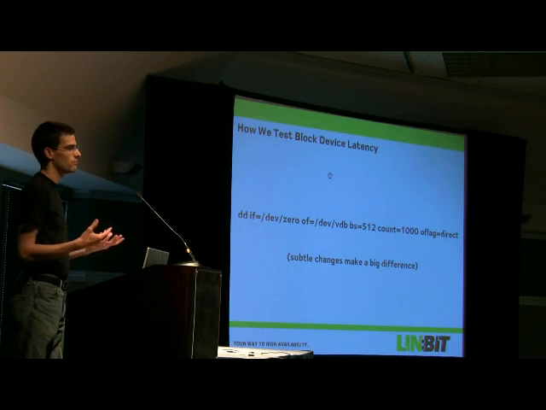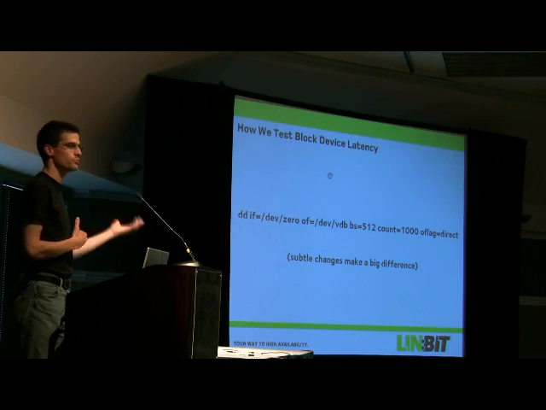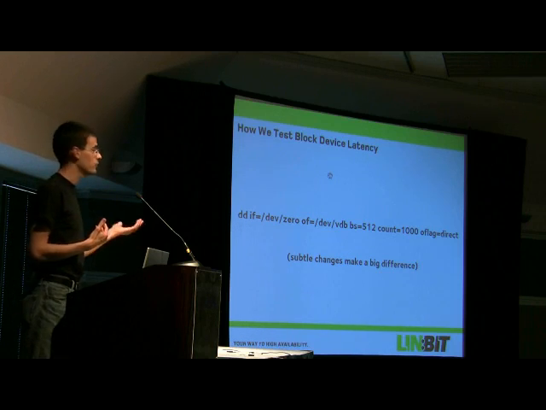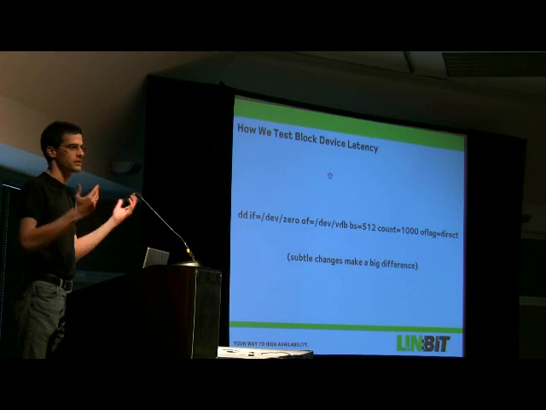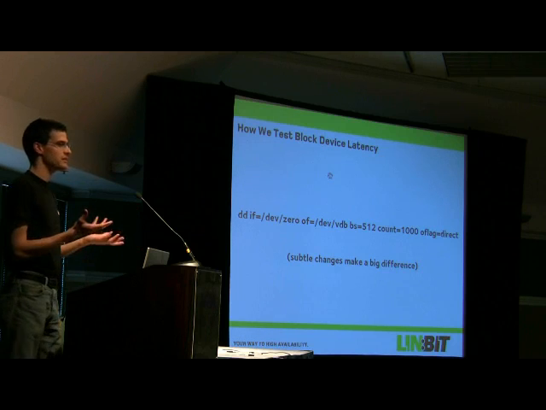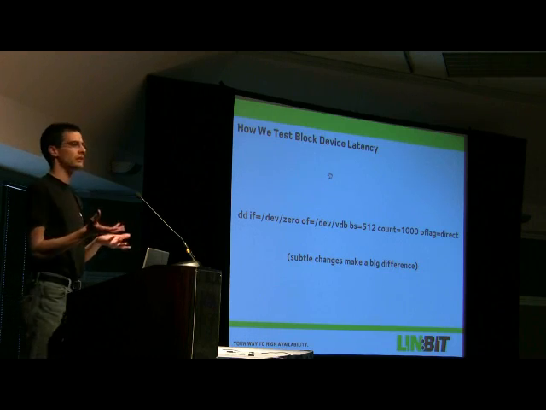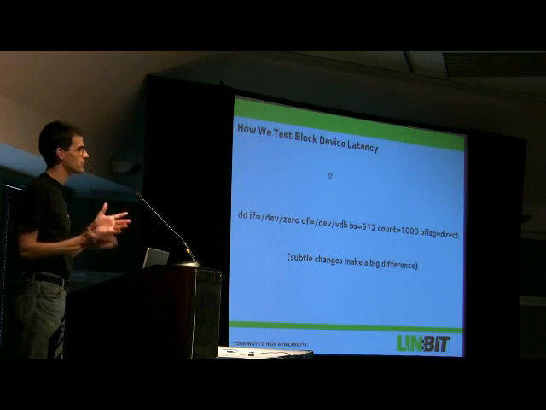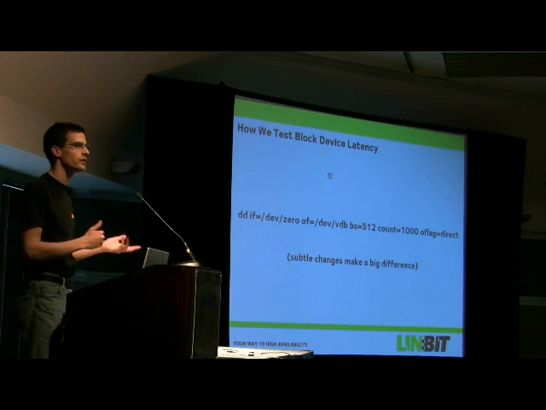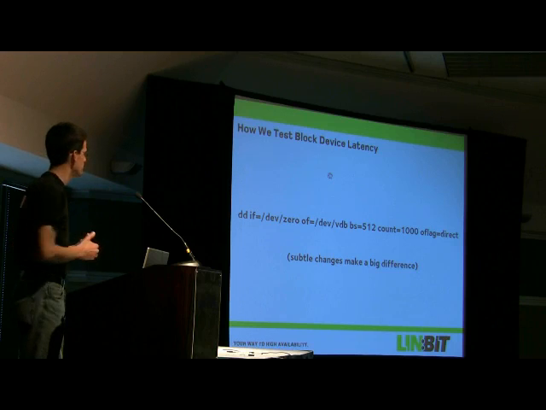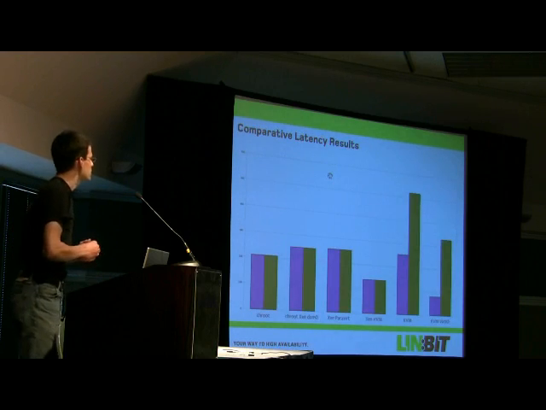And then, in contrast to throughput, which is measured in megabytes per second, we're just getting an I/O latency, which I can measure in milliseconds or microseconds. And then basically we're of course confronted with the exact same issue, namely we're having these virtualization environments, some of which actually do caching when they're not supposed to, and some of them actually keep doing caching even when told to do otherwise. So what does this look like?